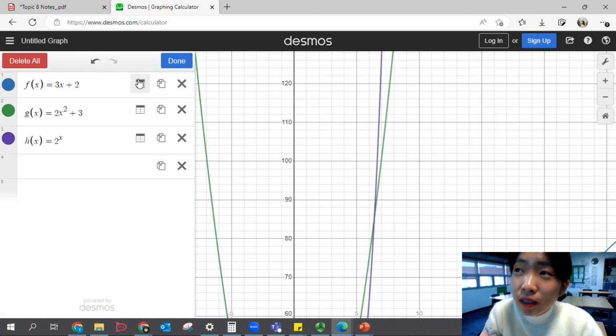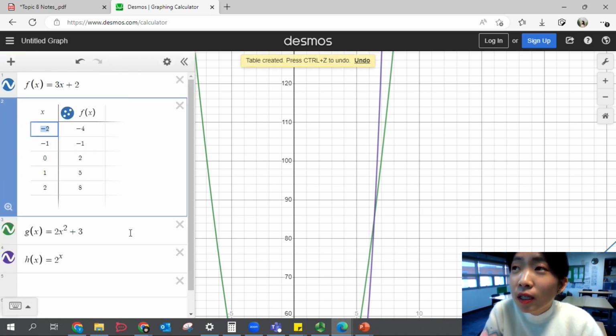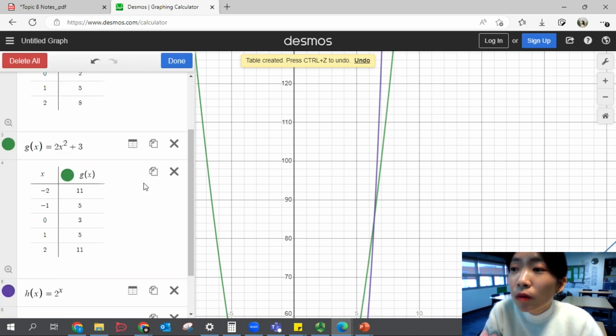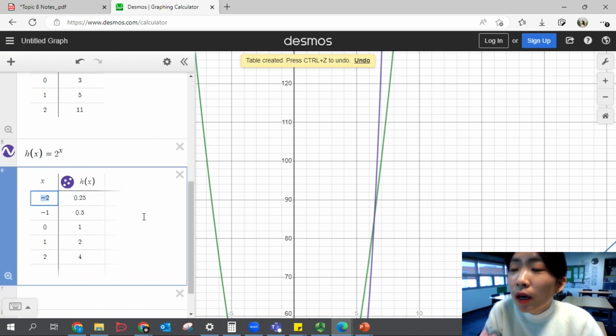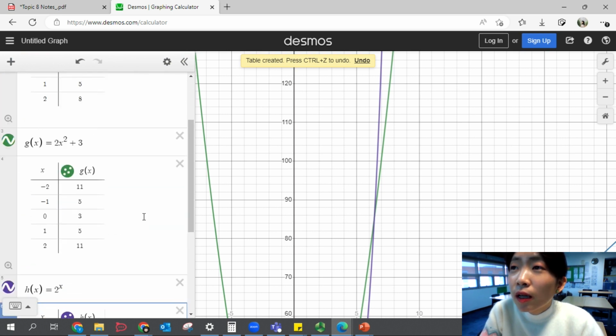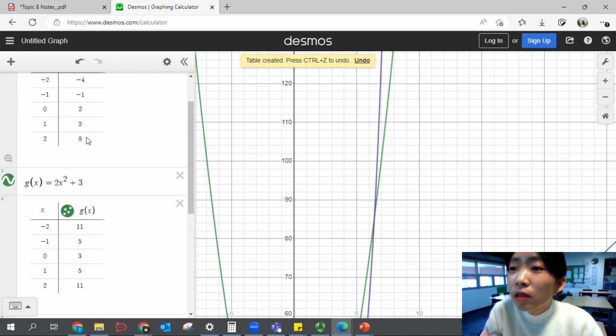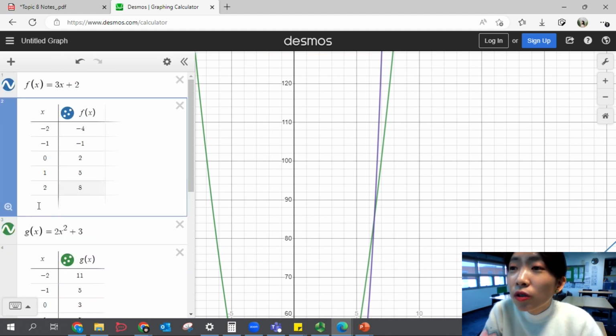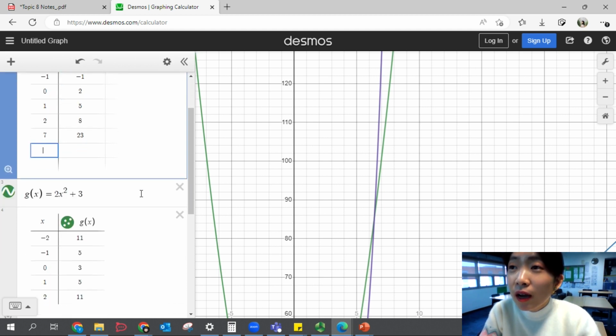You can go to settings and then click this icon to create the table for each function. And then you can see that they stop at 2, so you can keep moving. So let's pick when x is equal to 7.